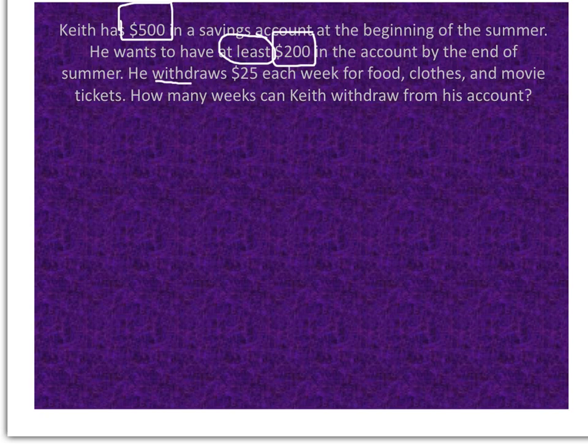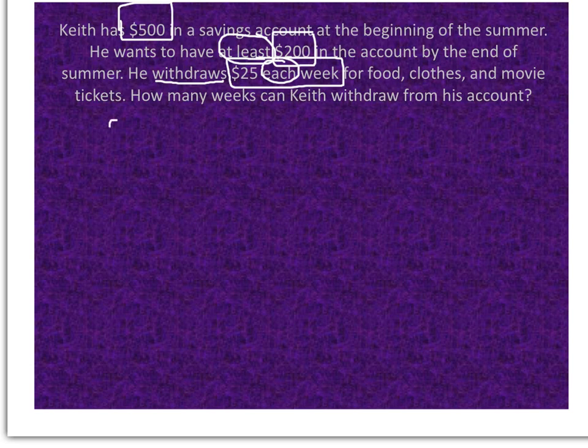He is withdrawing. When you withdraw money, that means you take money out of the bank. So he's taking out $25 each week. Each is another word that means multiply. So we're going to take 25 and multiply by the number of weeks. So let's start writing this, okay?